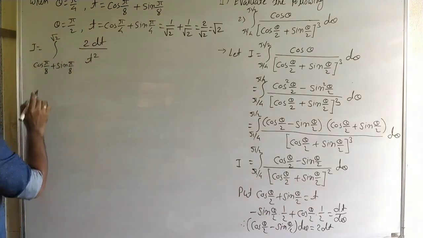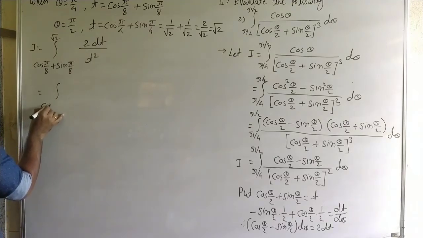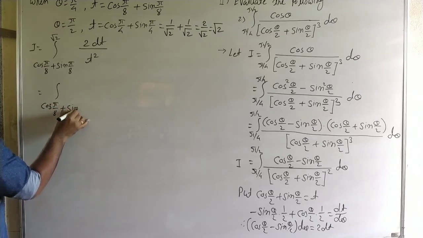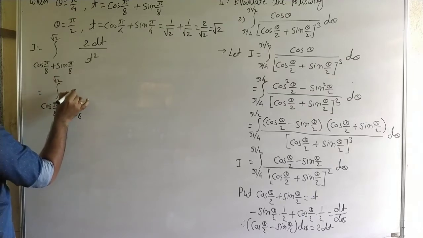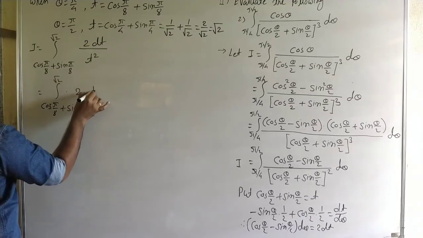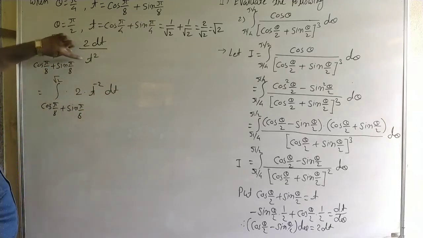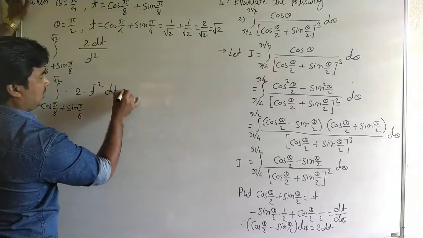Okay, and now here integral cos pi by 8 plus sin pi by 8 to root 2, here 2 into t to the power minus 2 dt, 2 as it is. Now here we can use the x to the power n integral.